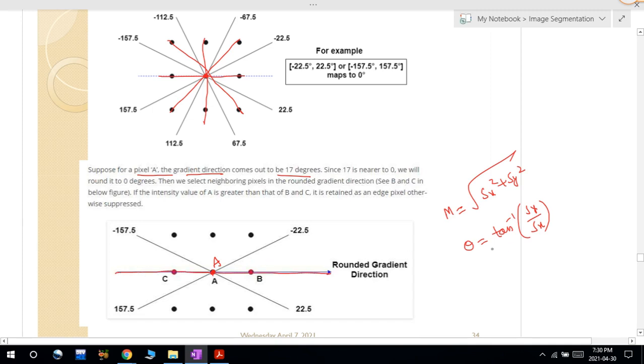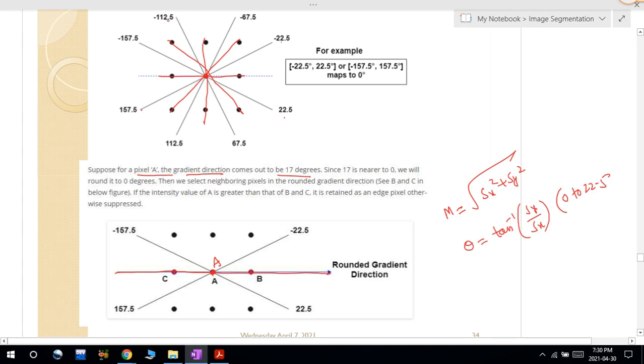Whenever I get this theta value, if it is 0 to 22.5, or otherwise minus 22.5 to 22.5, but I will consider only the absolute value. So minus 22.5 to 22.5 and minus 157.5 to 157.5, I will consider this entire range as 0. That is, the direction of the edge is 0 degrees only.